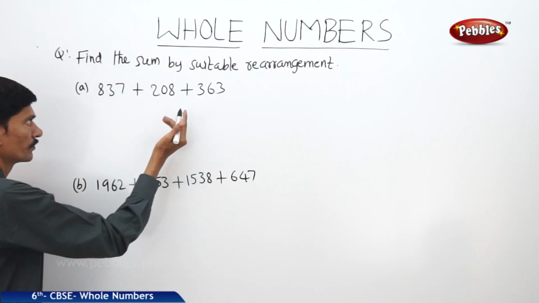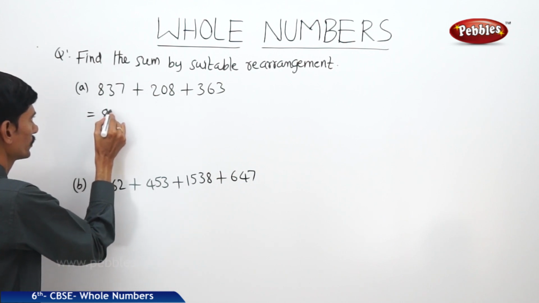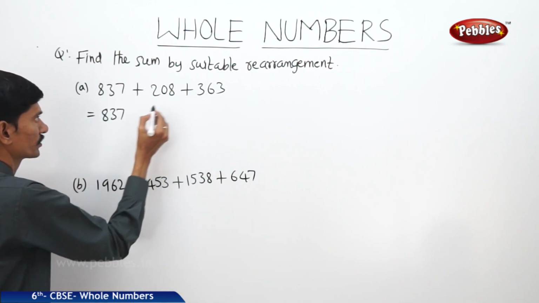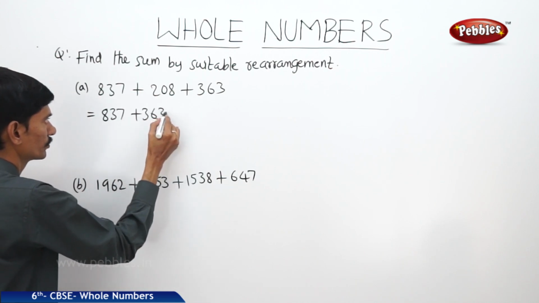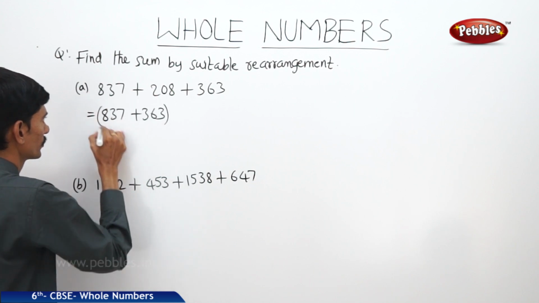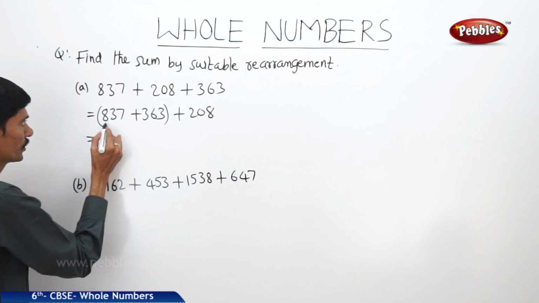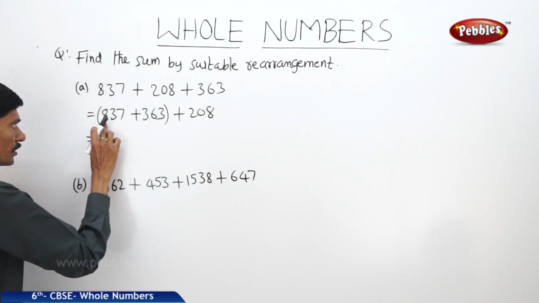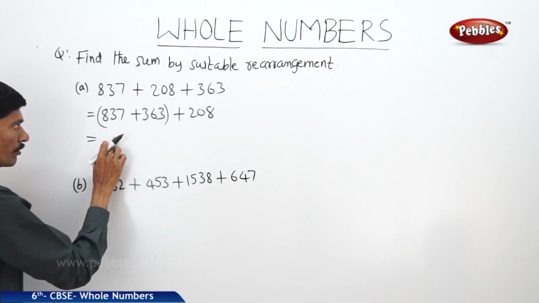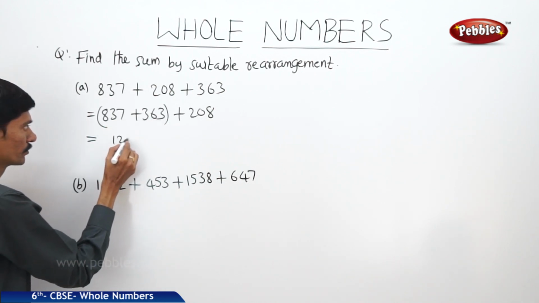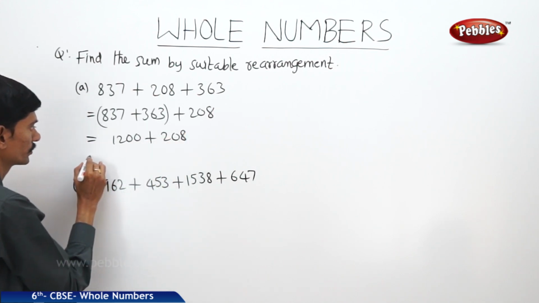So using associative property, we can write here 837 plus 363, so we can group these two whole numbers, plus 208. So then 837 plus 363: 800 plus 300 is 1100, and 37 plus 63 is 100. So 1100 plus 100 is 1200, plus 208.